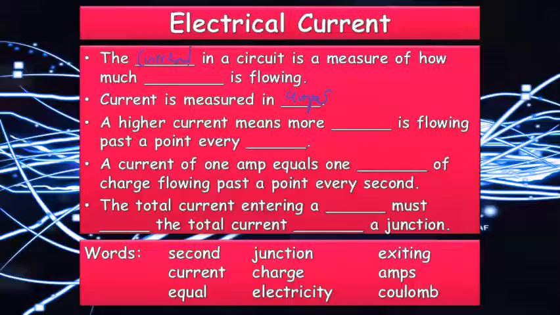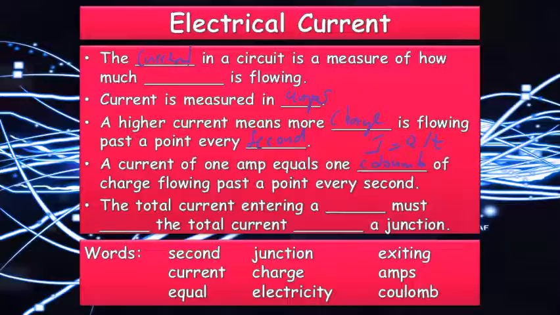A higher current means more charge is flowing past a point every second. Because remember, I equals Q divided by t. And a current of 1 amp equals 1 coulomb of charge flowing past a point every second.